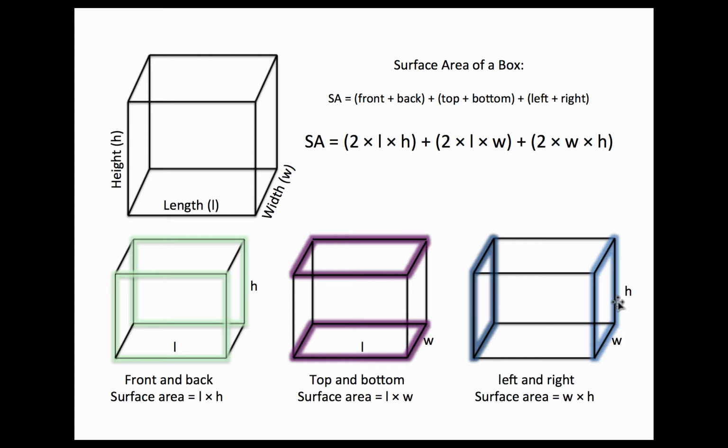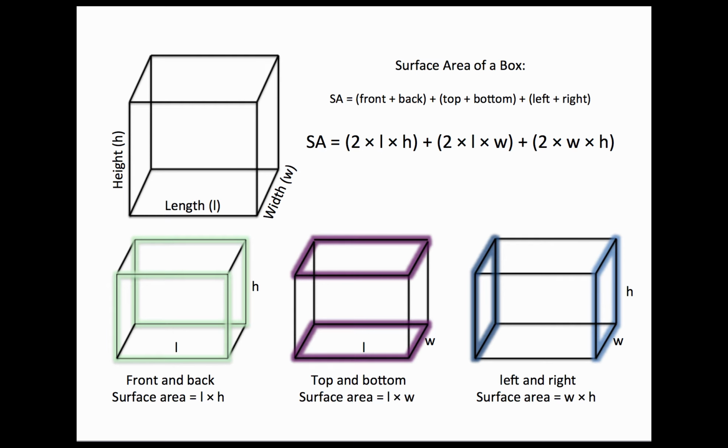And the left and right surface areas can be found by multiplying the width and the height. Once the surface areas are found, they can be added together, or you can multiply each dimension combination by 2 and then add them.